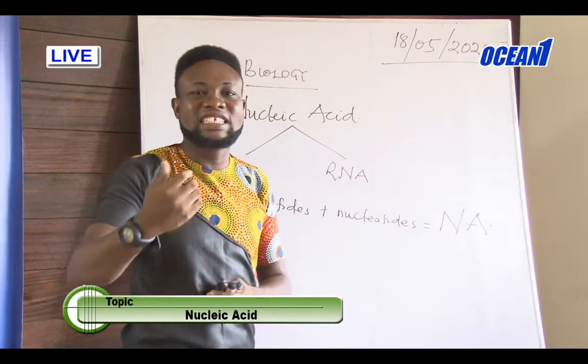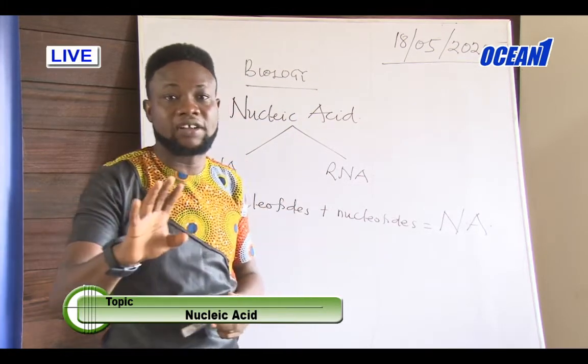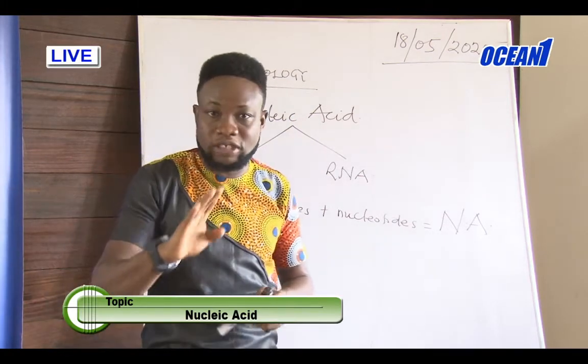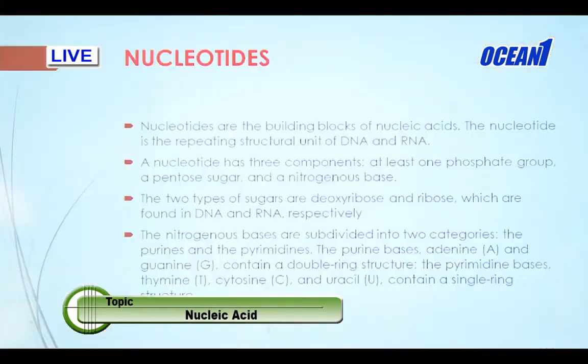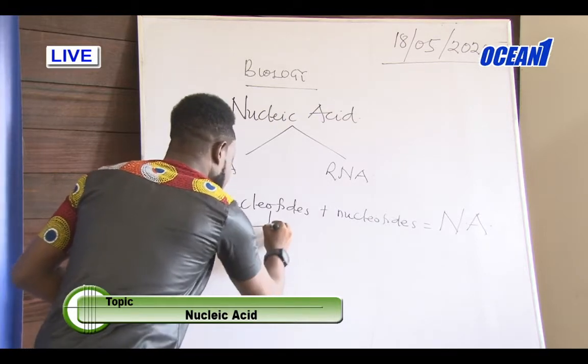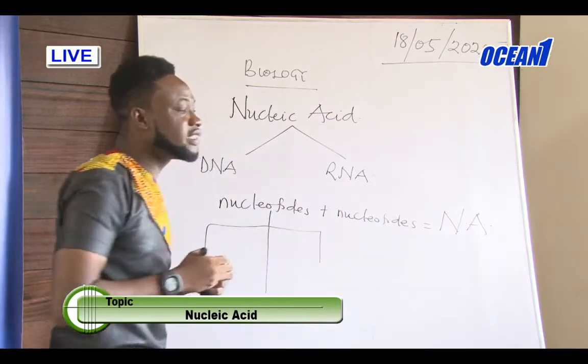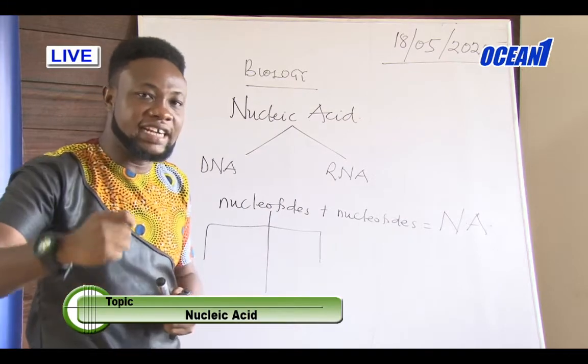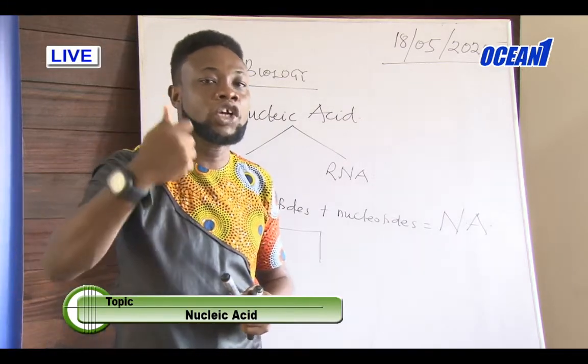Now, what is this nucleotide we are talking about? We'll take our time and talk about nucleotides in detail. But a nucleotide is made up of three things. Don't forget we said these nucleotides are the building blocks of nucleic acid.